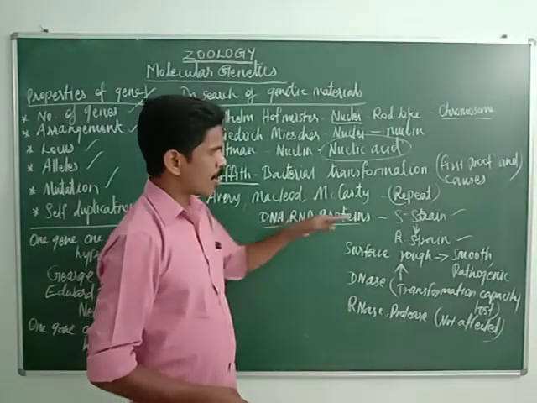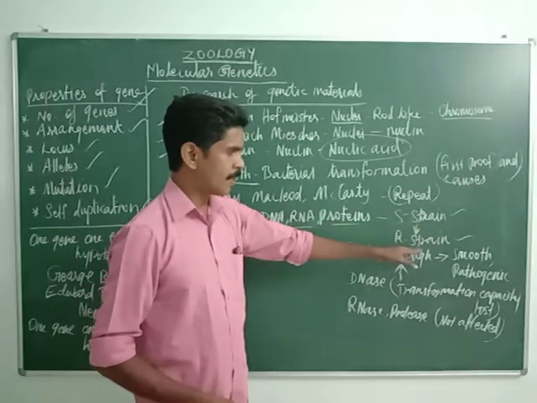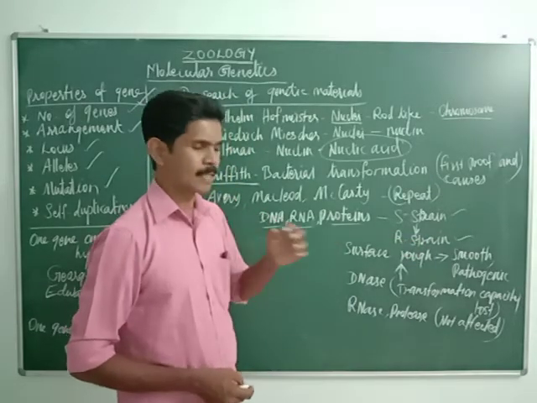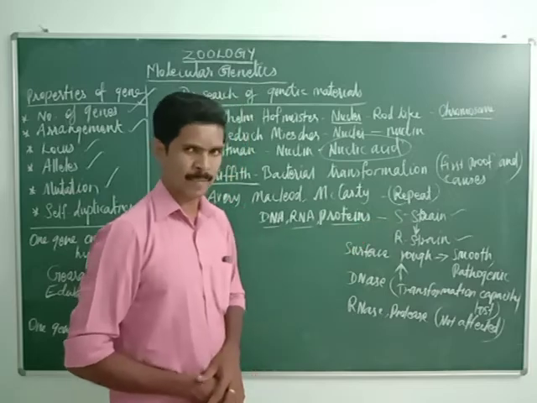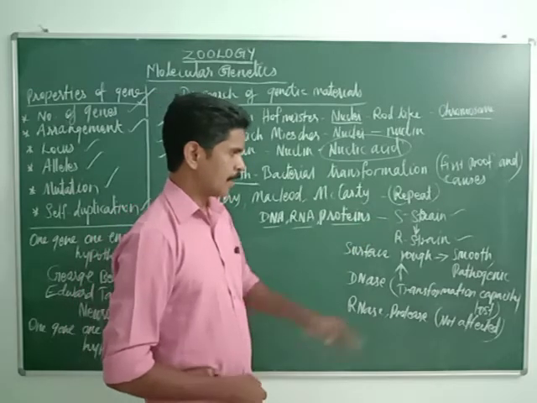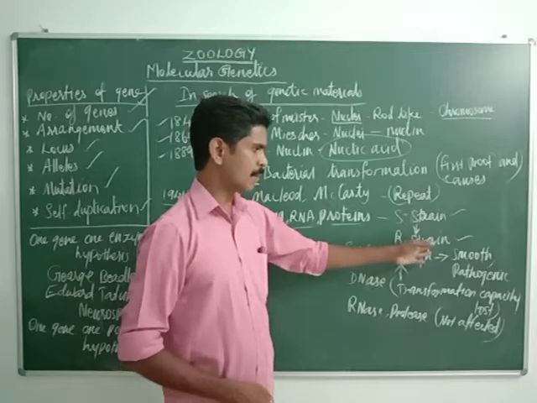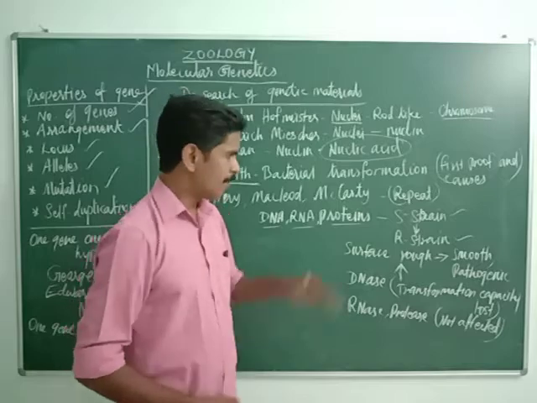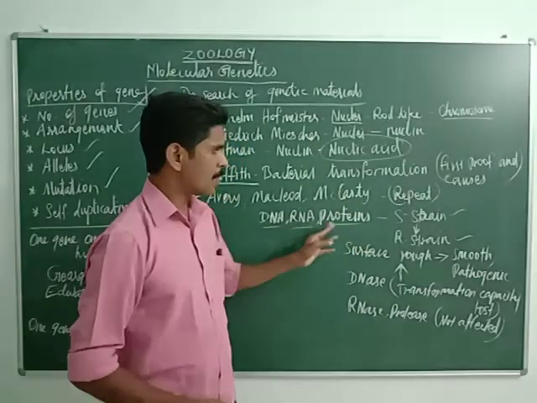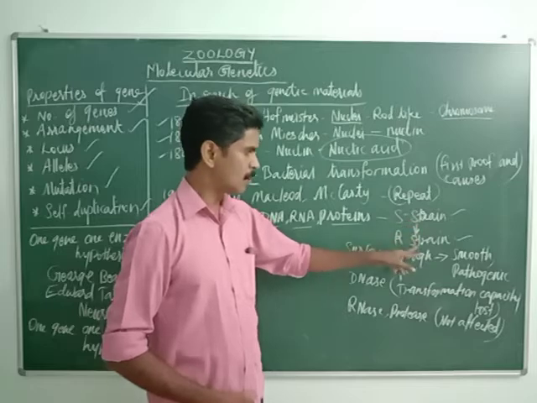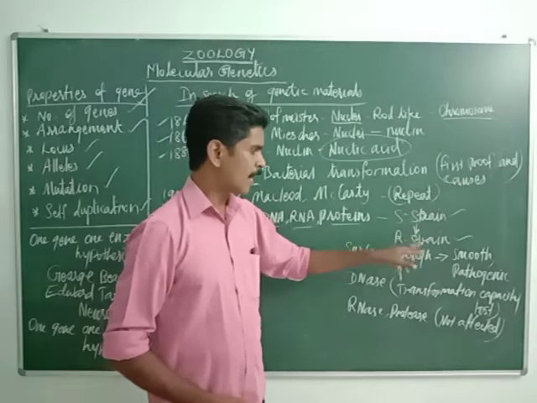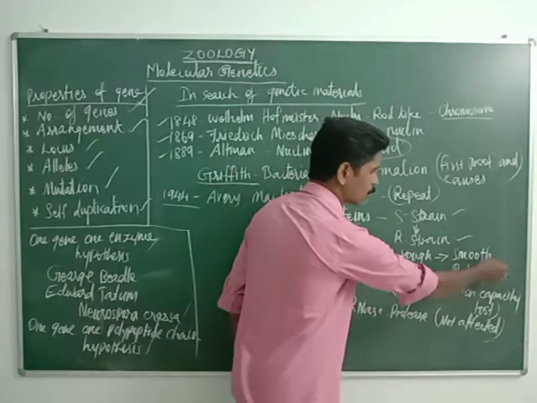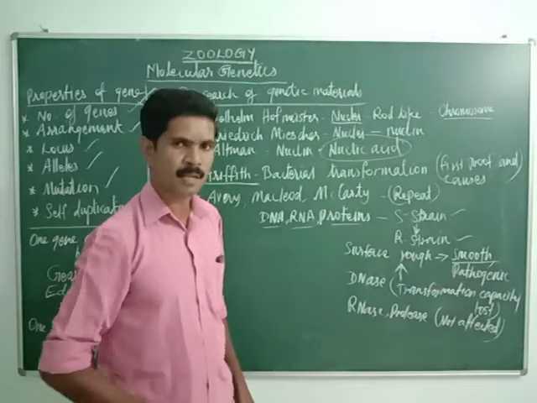When this substance of the S-strain bacteria is added into the body of the R-strain bacteria, they observe some changes in the R-strain bacteria. Actually, the outer surface of this R-strain bacteria is rough in nature. But when they add the DNA, RNA and proteins of the S-strain bacteria into the R-strain bacteria, the rough outer surface is converted into a smooth surface.